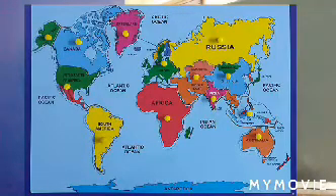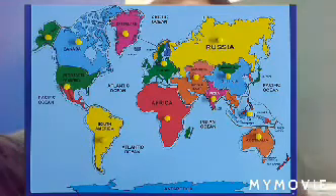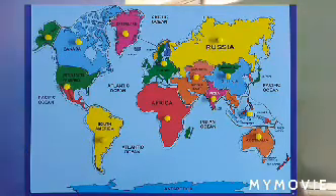Africa is east of the Atlantic Ocean. Europe also is east of the Atlantic Ocean. In the north there is the Arctic Ocean. In the south there is the Antarctic Ocean. South of Asia, east of Africa and west of Australia, there is the Indian Ocean.